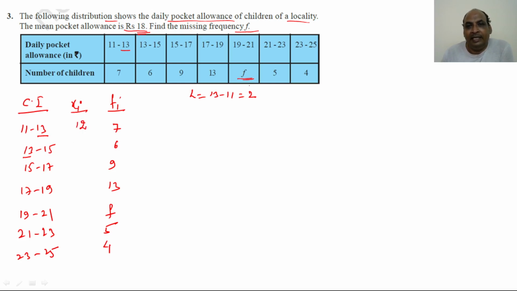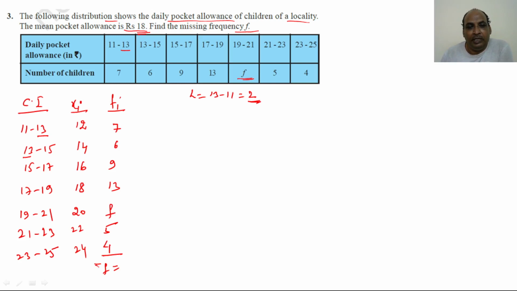Now we start adding the class size. 12 plus 2, 14. 14 plus 2, 16. 16 plus 2, 18. Then 20, 22, 24. Right? Okay. Now what will be sigma F? Let us go for assumed mean method.